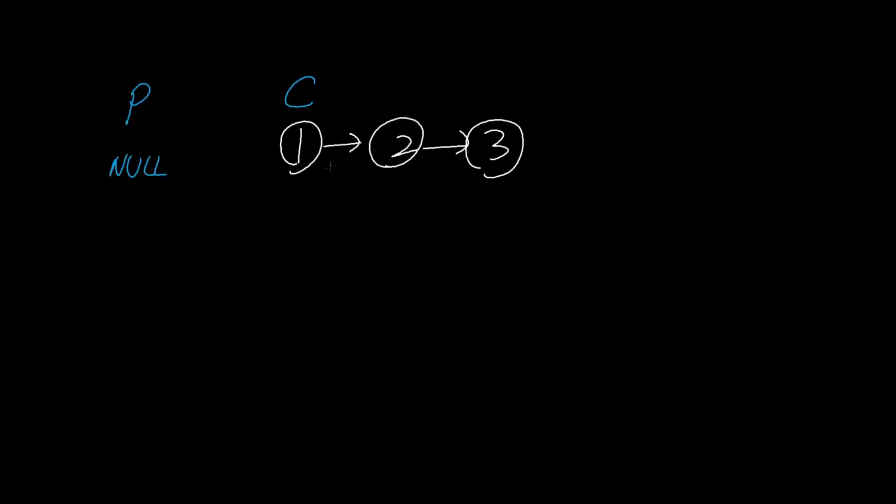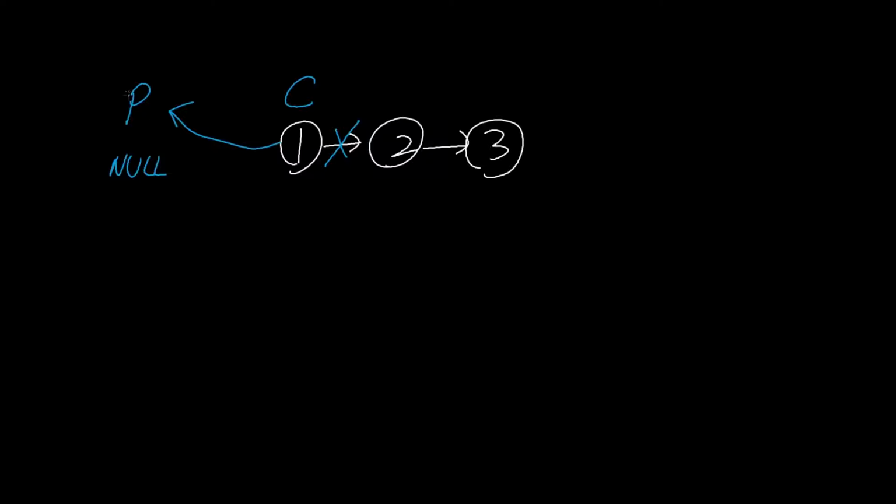And then we need to modify the next pointer of the current node to point to previous. So, for example, in a loop we need to change this next pointer to point to the previous pointer, and we need to shift the pointers, including the previous pointer and the current pointer.